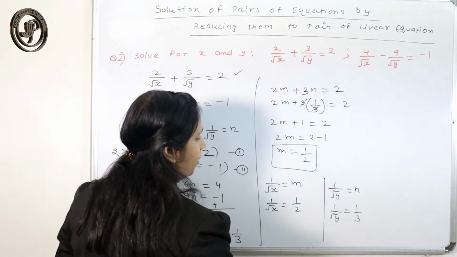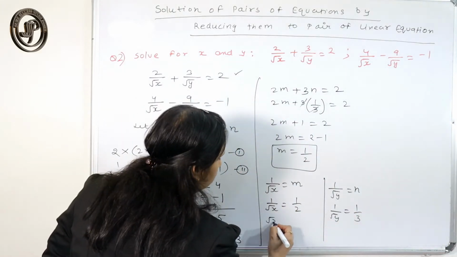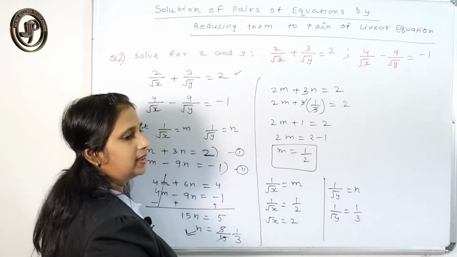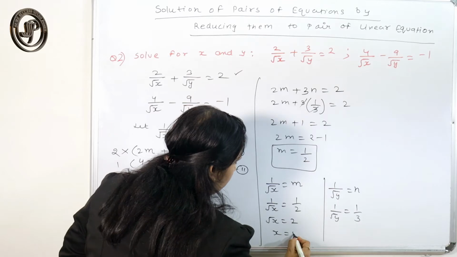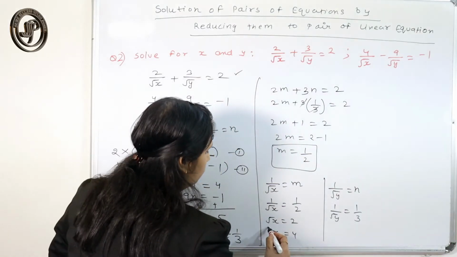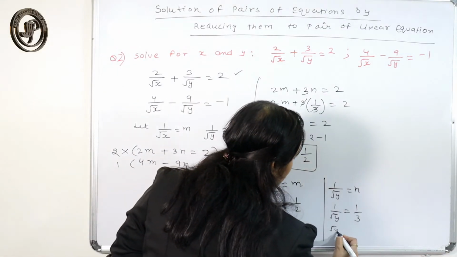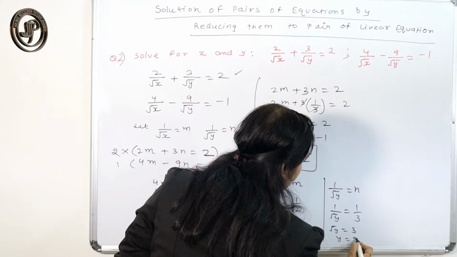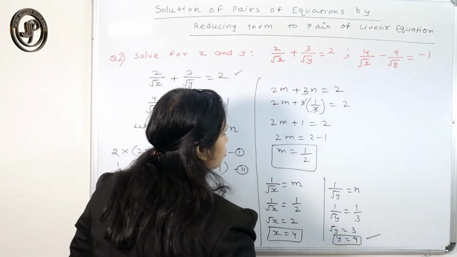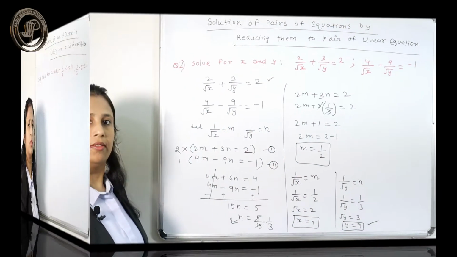So m is 1 by 2 and n is 1 by 3. So you can cross multiply and write root x as 2. So your x will be 4, squaring on both sides. And here root y is 3, so y will be 9, as we did, squaring on both sides.